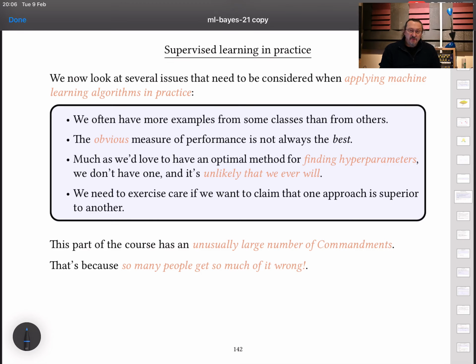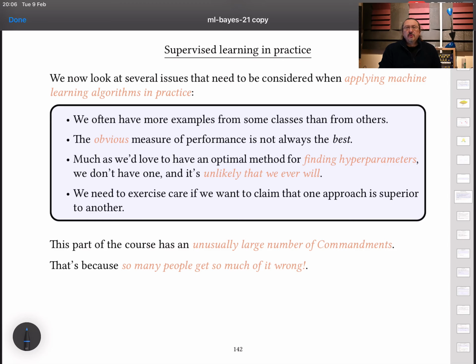The obvious measure of performance in this case is not necessarily the best one. I've been using so far as a measure of generalization performance simply the probability of making an error. It will quickly become apparent that you have to be a little bit careful just using that if your classes are unbalanced, by which I mean you're likely to see one class more than the other.